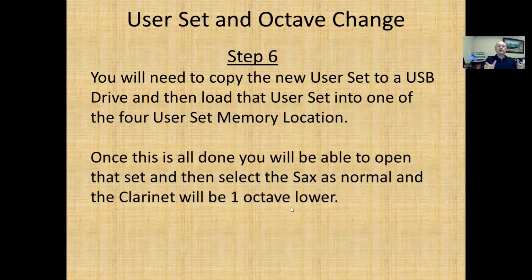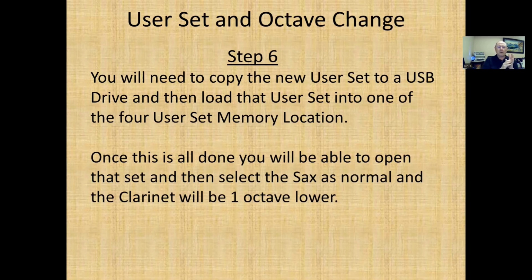At that point, you need to copy it, because it'll be on your computer, unless you saved it to a flash drive, whichever. You need to get that onto a flash drive. You then need to load that, so you have to go to UST in your menu on the accordion, and you need to load that user set into one of the 4 that you have. You have U1, U2, U3, U4.